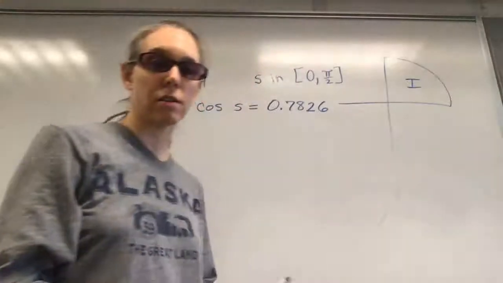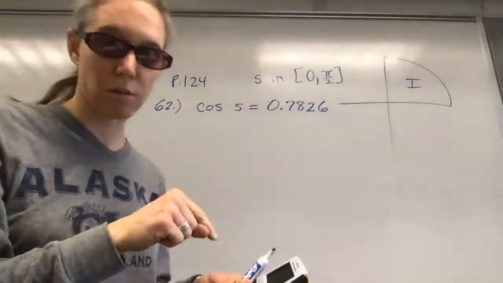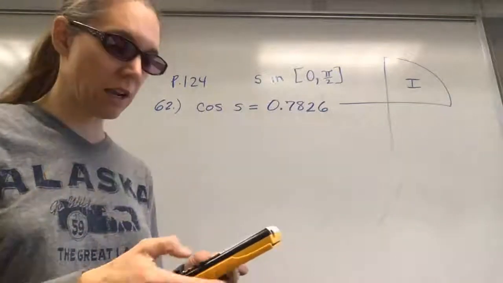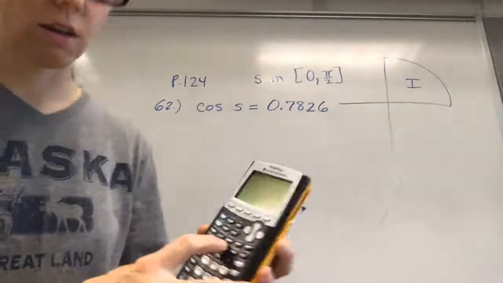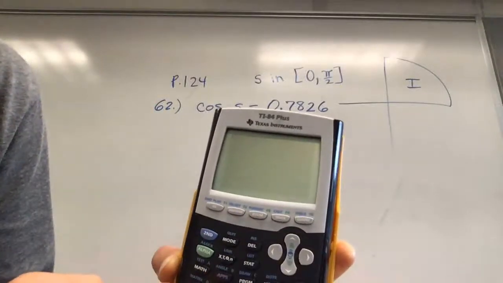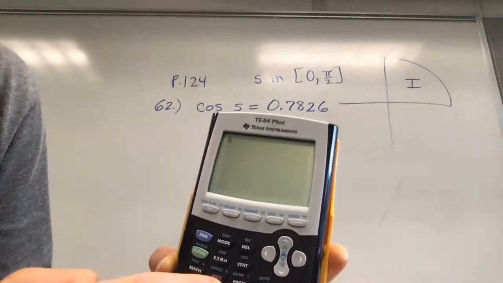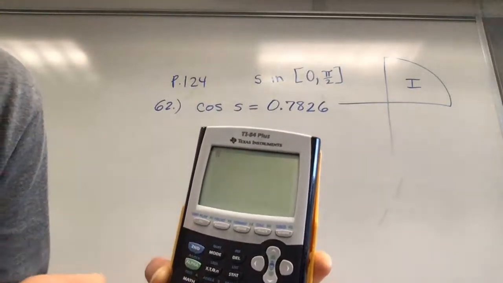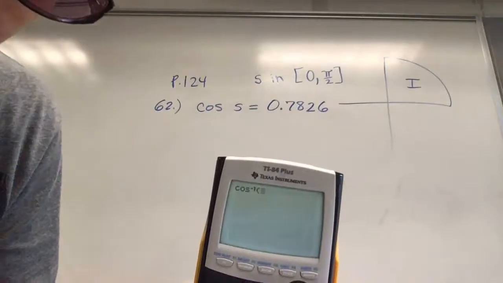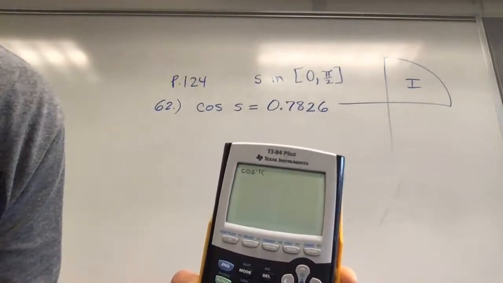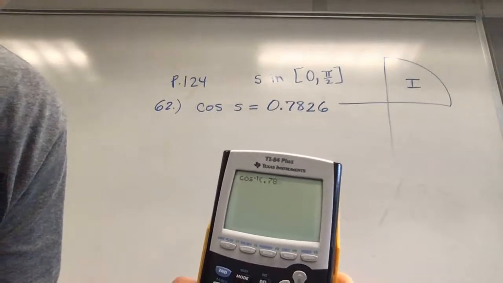So to do this, you simply make sure your calculator is in radian mode, and then you do the inverse cosine, the arc cosine, all right? What that means is you use the button right above cosine, the cosine with a -1. That's arc cosine. So you type in arc cosine, and then you type in the value of the output, 0.7826.